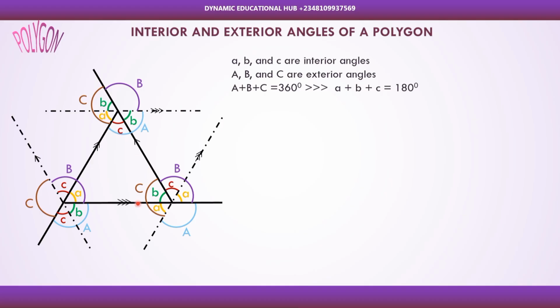If you pick this A here, it will be equal to the other interior angles added together. For B, the same thing applies, and for C, the same thing applies.